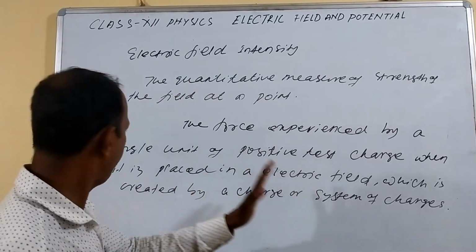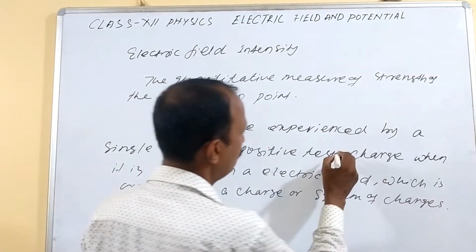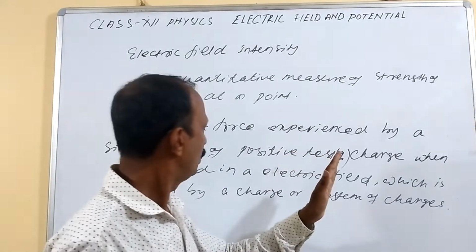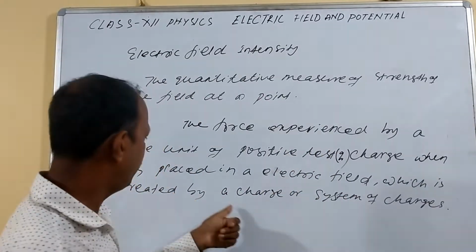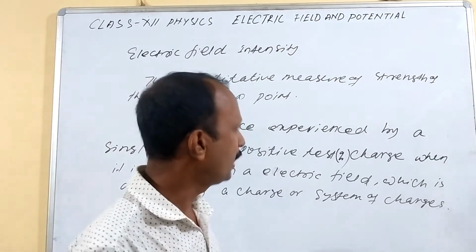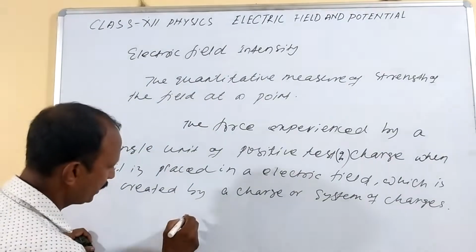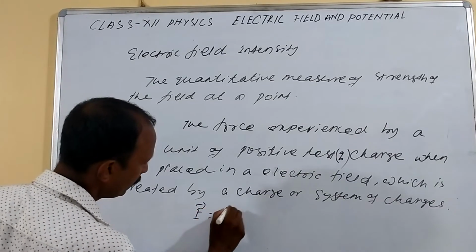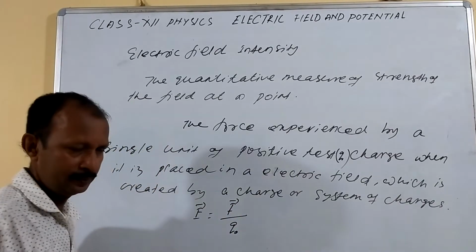The force experienced by a single unit of a positive test charge, which I have mentioned here as Q naught, when it is placed in an electric field which is created by a charge or system of charges, that is called electric field intensity. I can write that E is equal to F by Q naught.